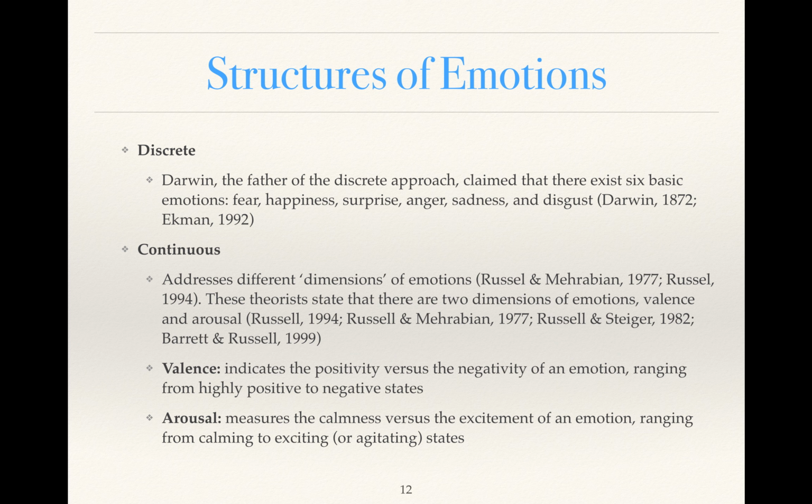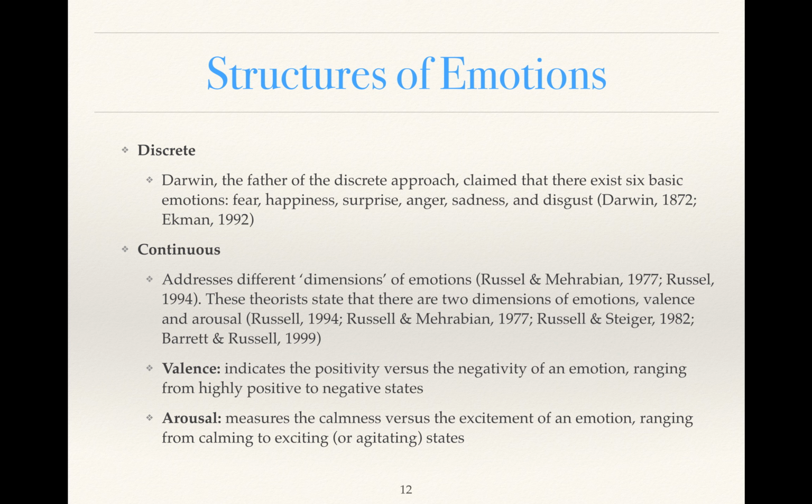The discrete part of emotions goes back to the Darwinian model, where they talk about the human emotions being based on a few very basic emotions and nothing else exists.